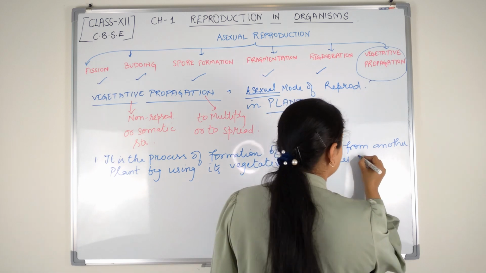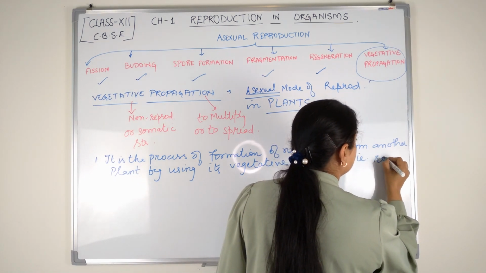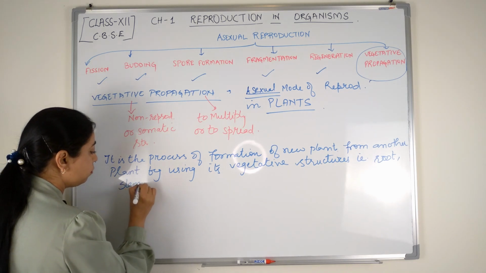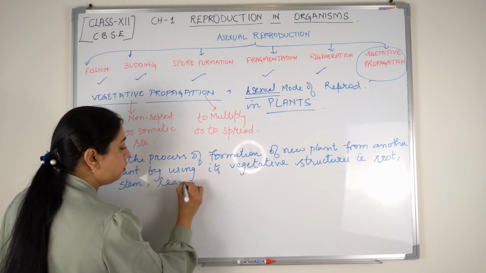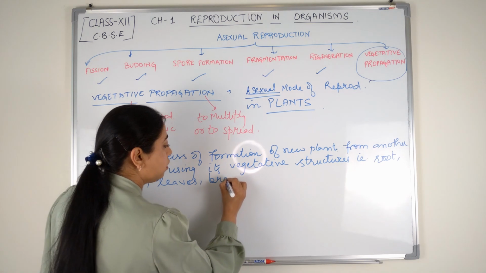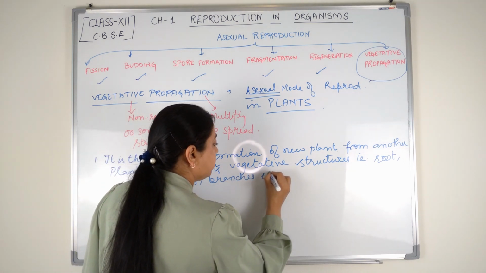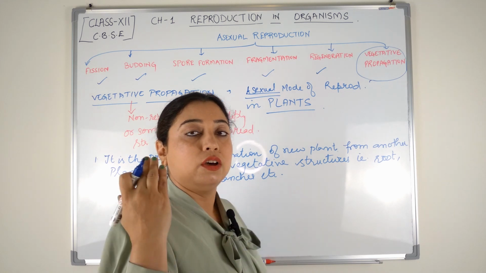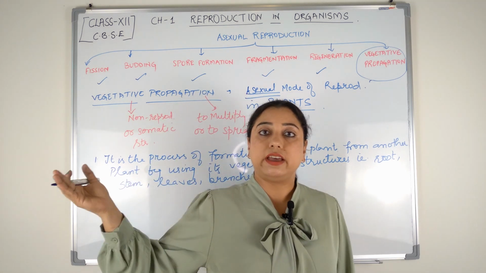Vegetative structures means root, stem, leaves, branches, etc. Right? So vegetative part of the plant includes root, stem, leaves and branches.